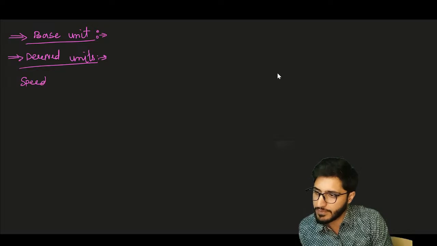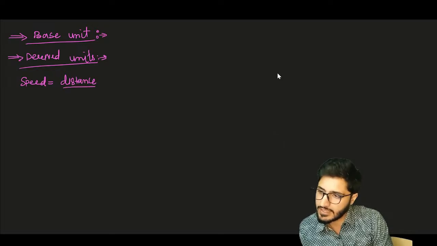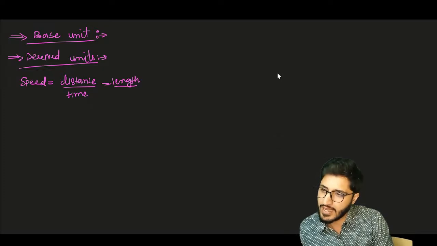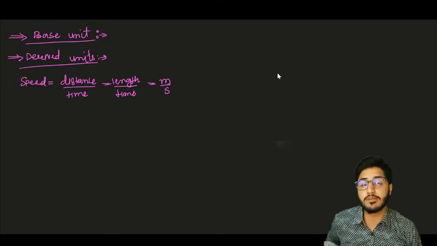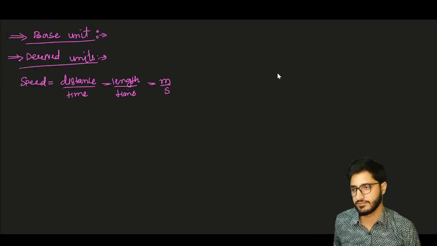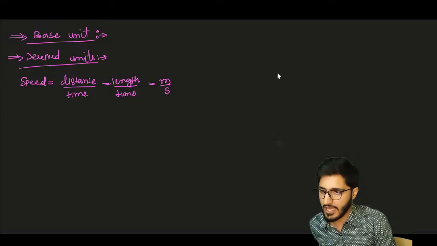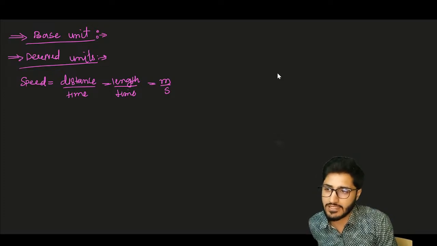Speed is nothing but distance by time. Distance is length, so I can write it as length by time. Length is meter, time is second, so meter per second. So the unit for speed is meter per second in SI unit. In the same way, I can write it as m divided by s or m s inverse.